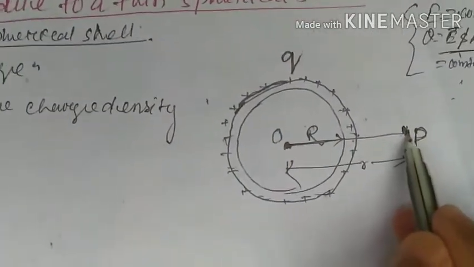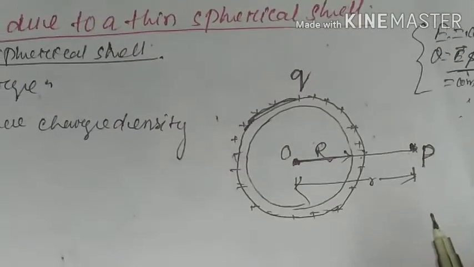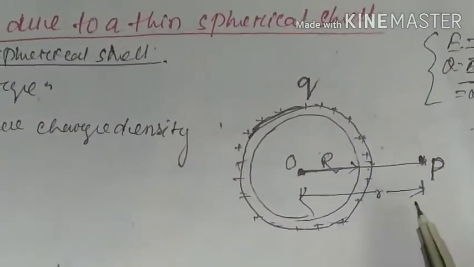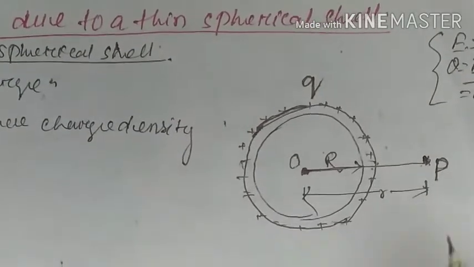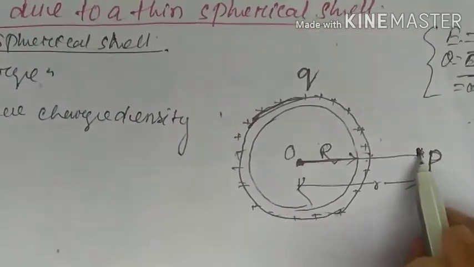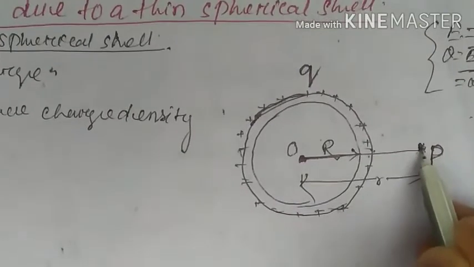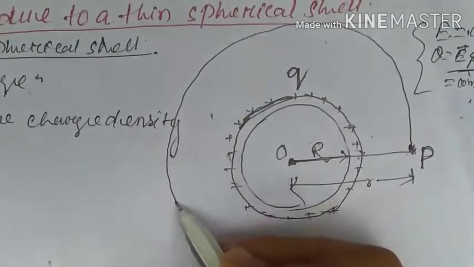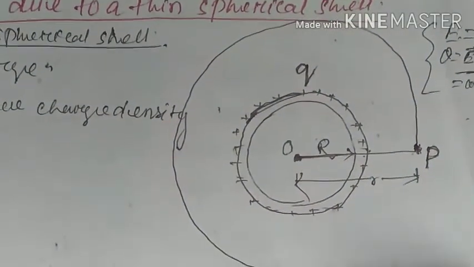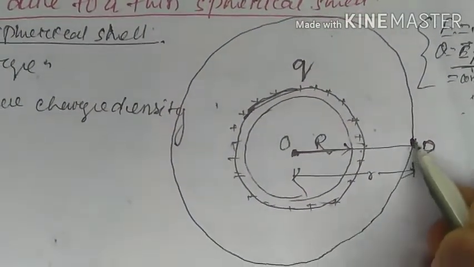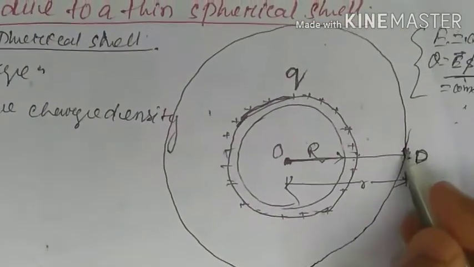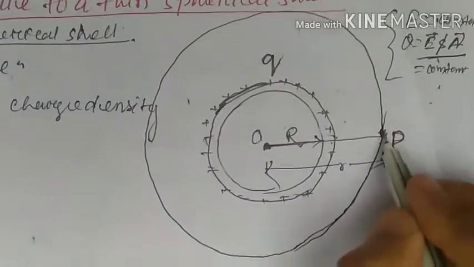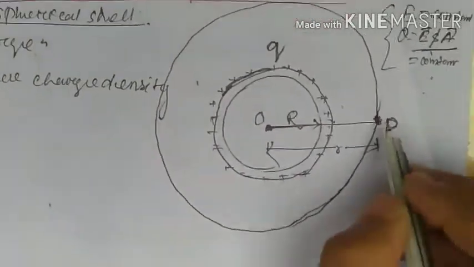Which type of surface can we choose here? If we take a cube, suppose, can our purpose be satisfied? No. So what can we do? We will choose a spherical shell of radius r, outside, such that our point P lies on the surface.